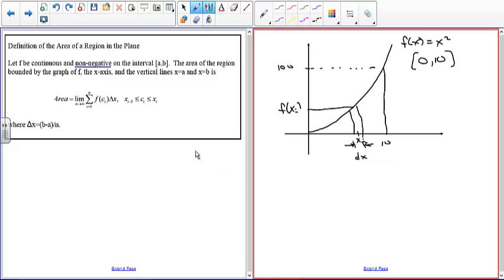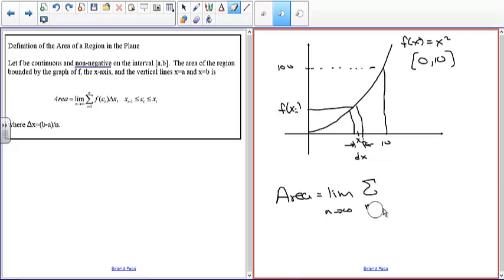So using this definition, the area is the limit as n goes to infinity of the summation from i equals 1 to n of the value of the function at some value x sub i times delta x, and that's it.